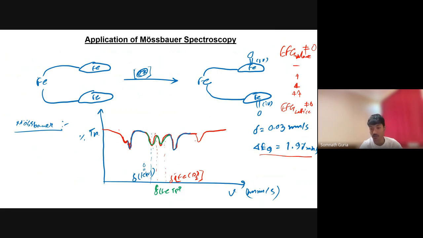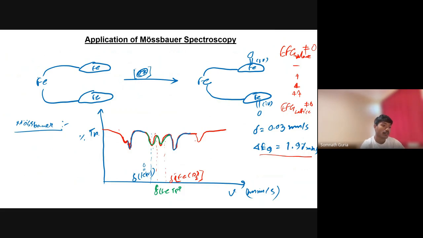The delta value is around plus 0.03 millimeter per second, which is more negative as expected because of the higher oxidation state of iron. And the delta EQ value increases because of the lattice contribution as well as the valence contribution to the electric field gradient.